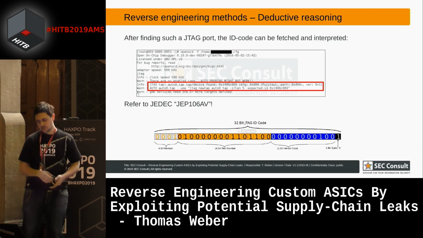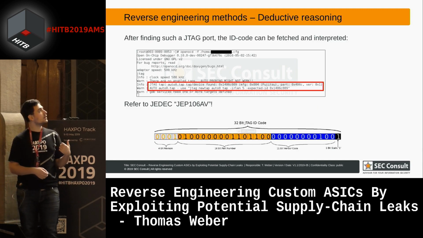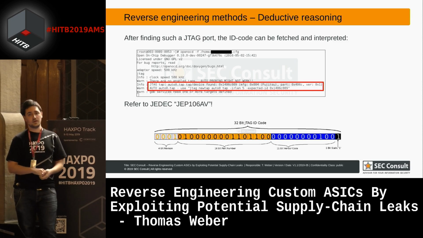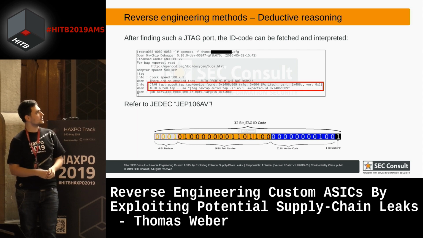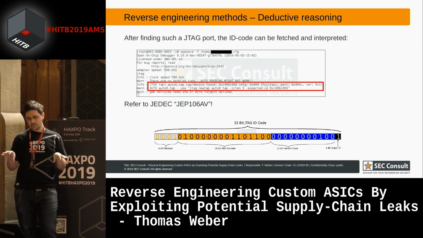And I also got the chip ID of the system on chip. And when you look on the internet, it does not exist. But anyway, it's a complete custom solution. And I have also a small figure where you can see which part of the chip ID means what. So what is the part number, what is the vendor code, and so on.